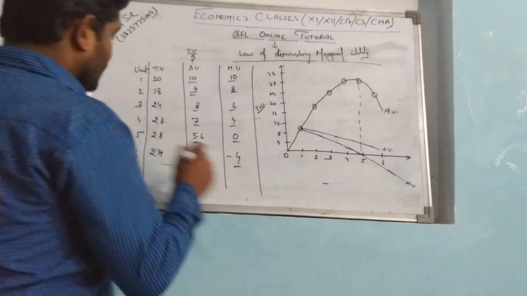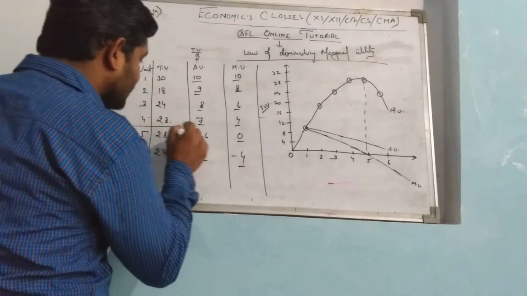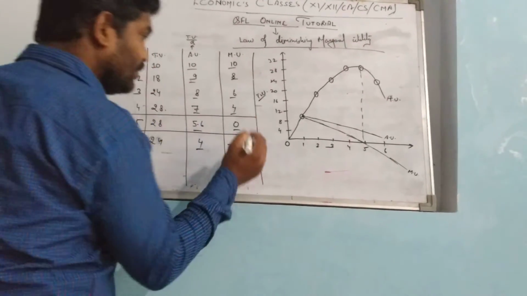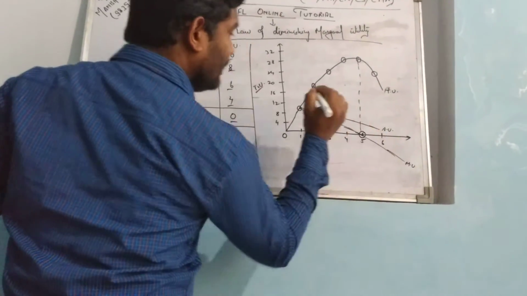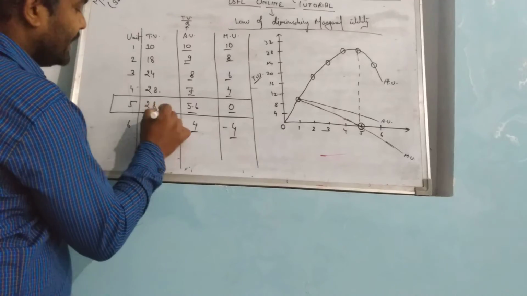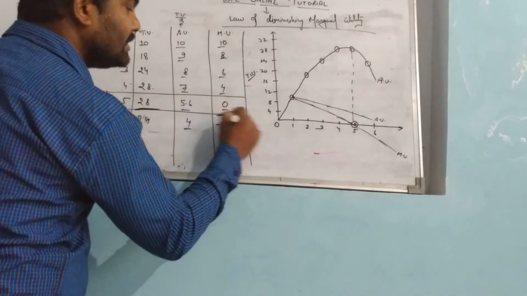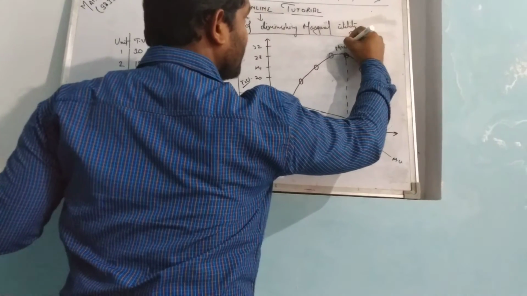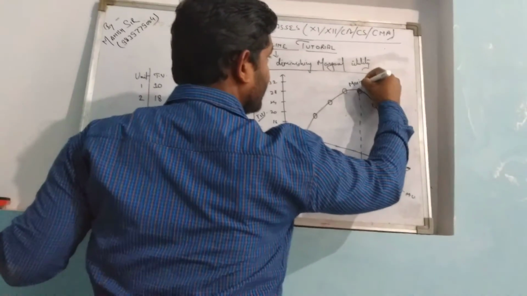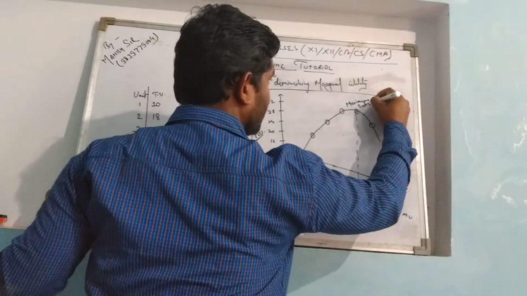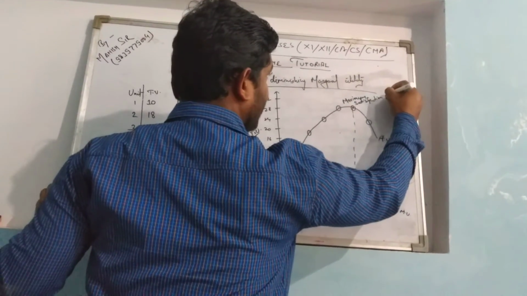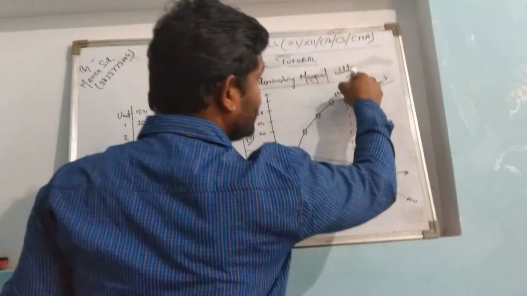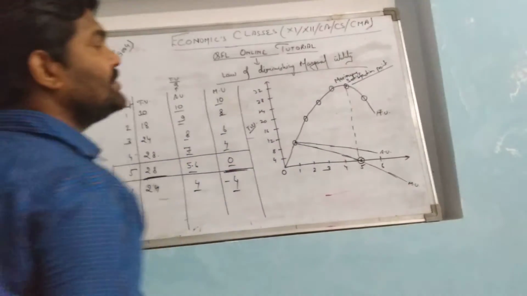Now the maximum satisfaction obtained is at unit 5. At unit 5, TU is 28, that is maximum, and MU is 0. So we can say that this is the maximum satisfaction point, and when TU is maximum, MU is 0.